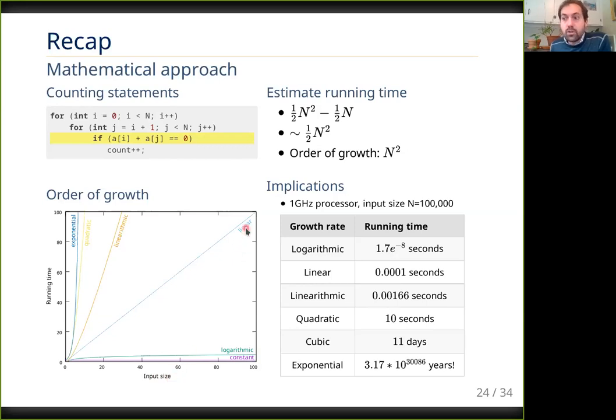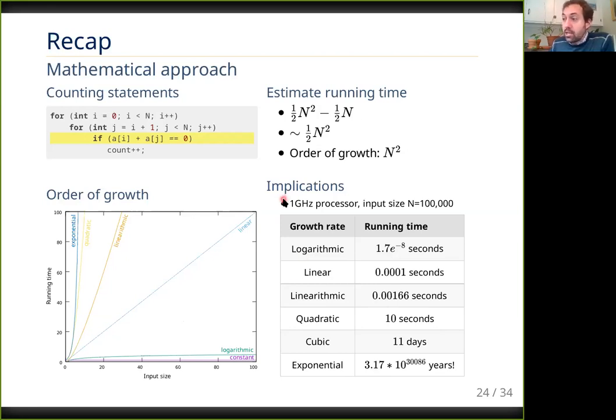Linear, the running time grows proportionally to the input size. And then linearithmic, quadratic, and exponential, the running time grows a lot faster than the input size. And we saw that those different orders of growth had real life implications in terms of whether an algorithm will be fast or not.